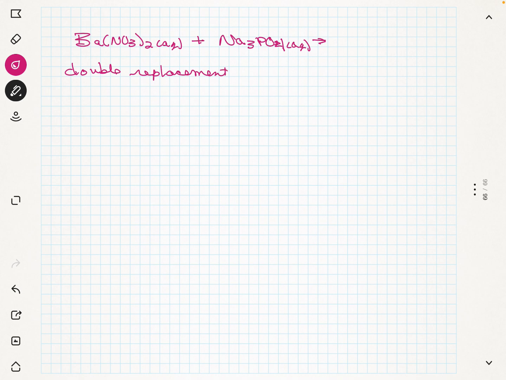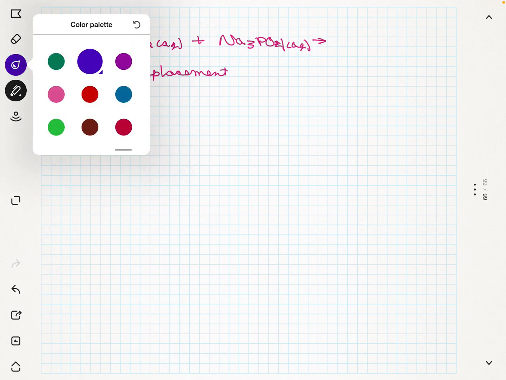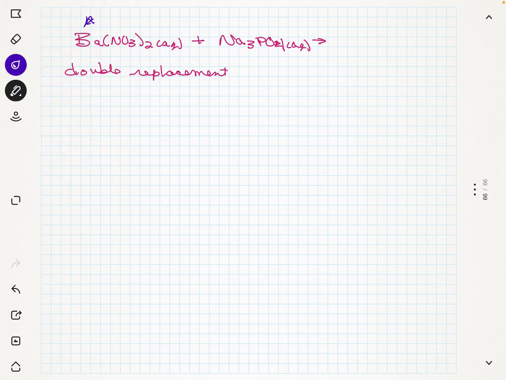Which will be in the general format of AX plus BY equals AY plus BX. So I'm going to go ahead and draw this right here because I didn't leave enough room after I said I needed to.